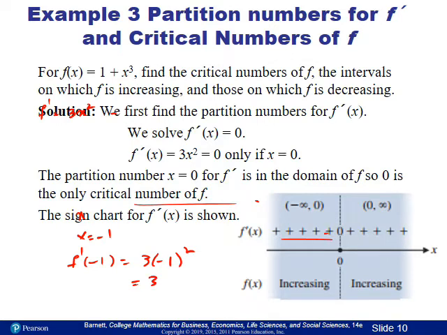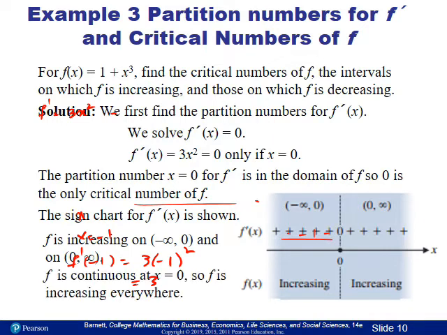So that is why we have all positives. You can choose any number before 0, it will give you a positive derivative. Similarly, if you choose any number after 0, again it will be a positive number. Since f is continuous at x equals 0, f is increasing everywhere.